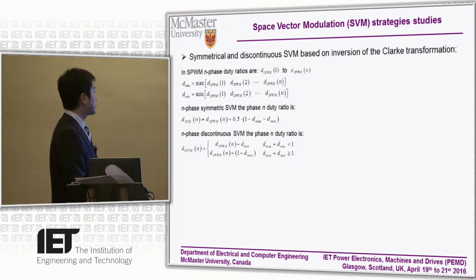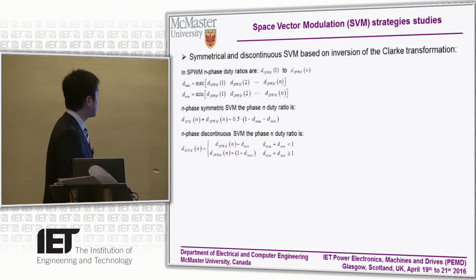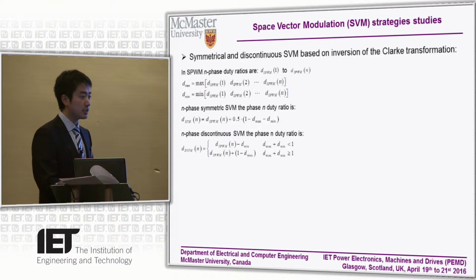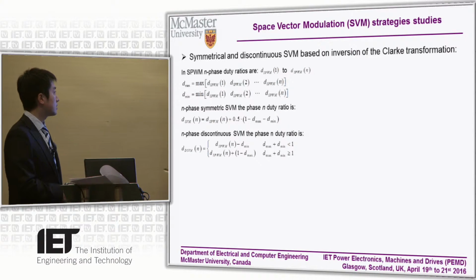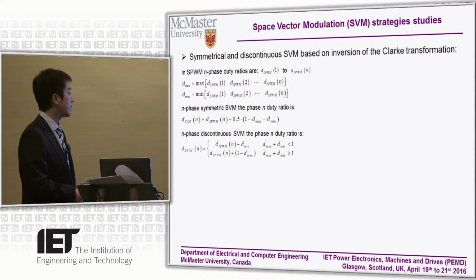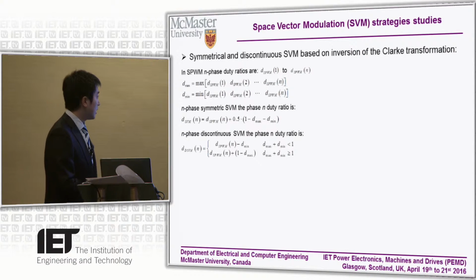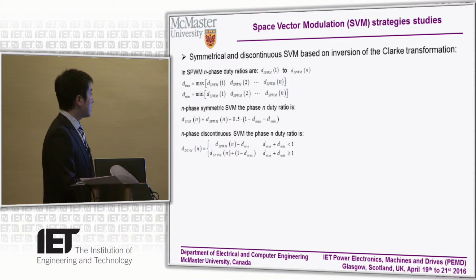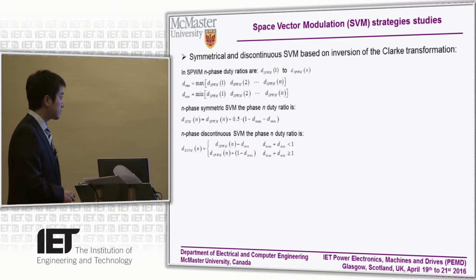For the N-phase symmetrical SVM, the phase N duty ratio equals the phase N duty ratio under the SPWM strategy, plus the combination of the maximum and minimum values. And the N-phase discontinuous SVM can be shown in these equations.